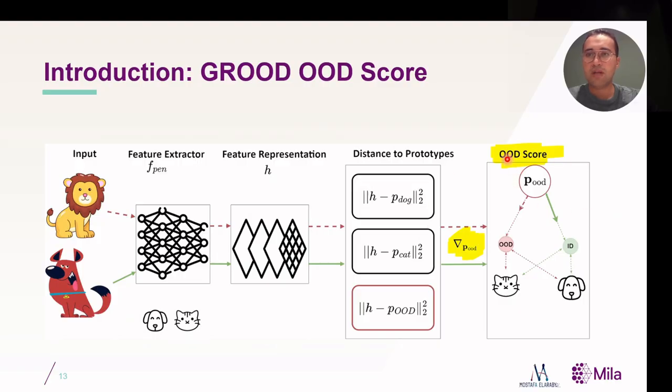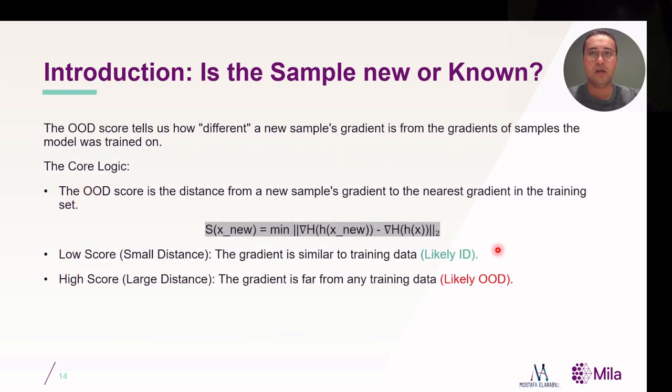Okay, so now let's talk about the OOD score itself. After computing the gradients, we have two options: either using the norm of the gradients, or indexing your training data gradients and using k nearest neighbor, to find the nearest neighbor to that gradient in the in-distribution data gradient space. And that is what we are using.